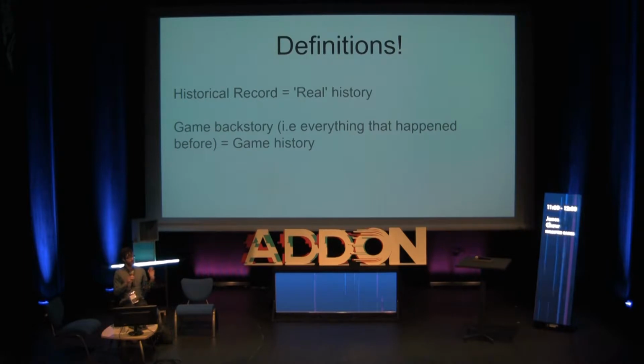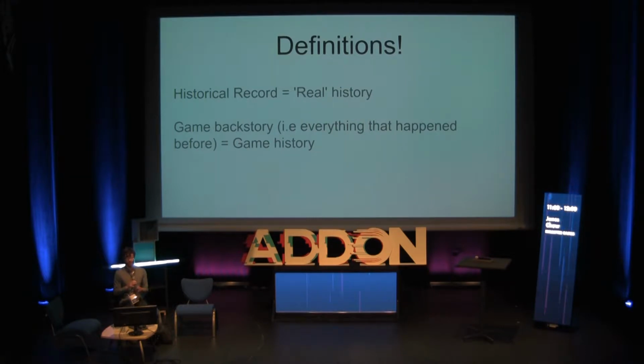But also, in terms of creating a game setting for your players, being able to show a rich, detailed game history, a detailed backstory for your game, can make the setting feel rich and authentic in a way that really helps the player immerse themselves in the setting.